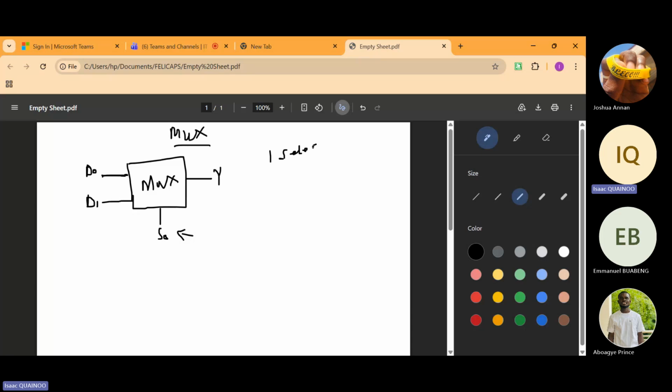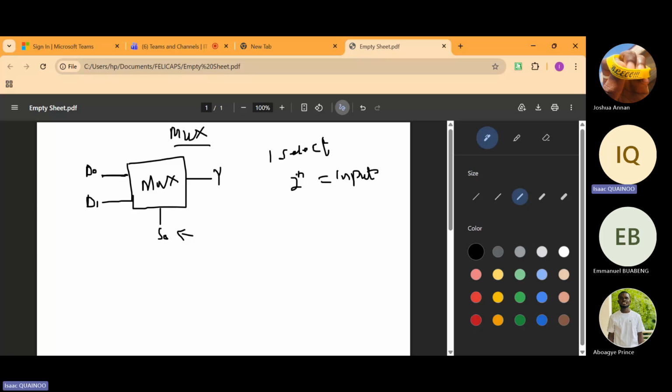Okay. So to determine the inputs that particular selector has, we are going to look at 2 raised to the power of the number of select lines. And that is going to give us the number of inputs, where n is your select lines.